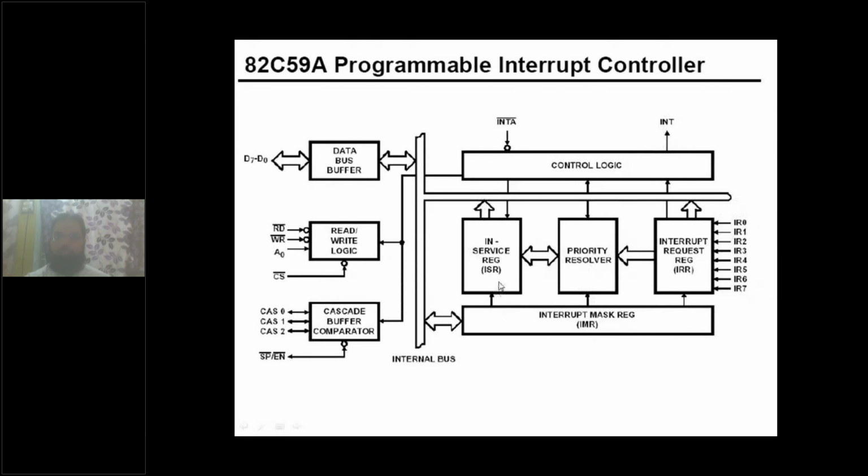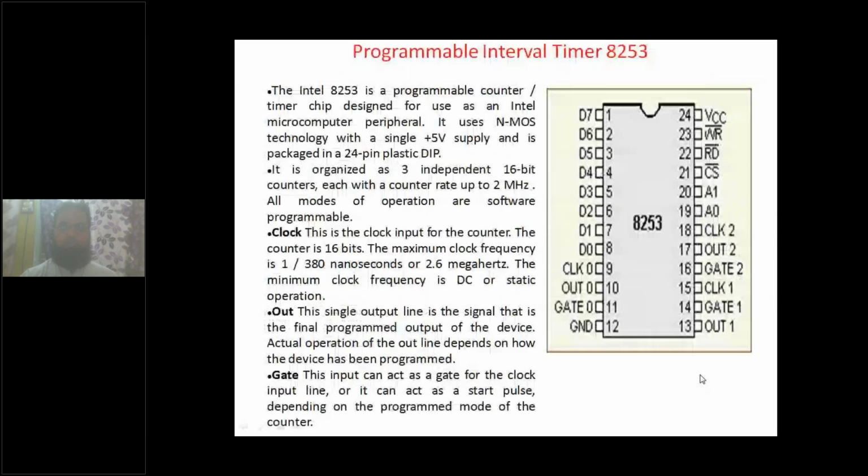The in-service register indicates the interrupt that is presently being serviced. If the ISR0 bit is 1, it means that the interrupt signal at the IR0 line is presently in service. In this way, the interrupt signals are handled by the processor using the 8259.